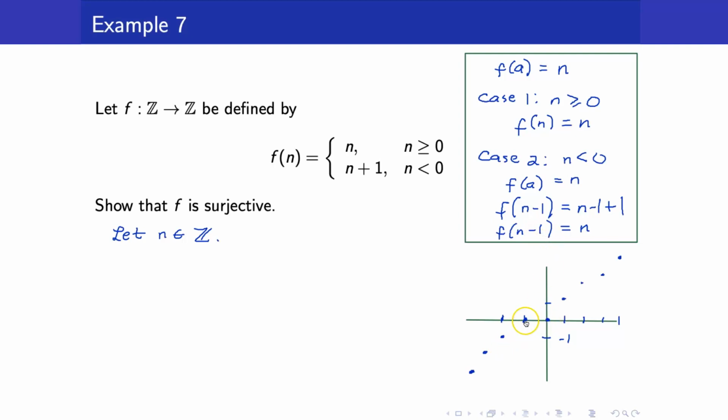Okay, so is that right? When you have less than 0, so just like in this case, look at that. When we have negative 2, f of negative 2 is equal to negative 1. And this is your n minus 1. What about negative 1? That is equal to 0.